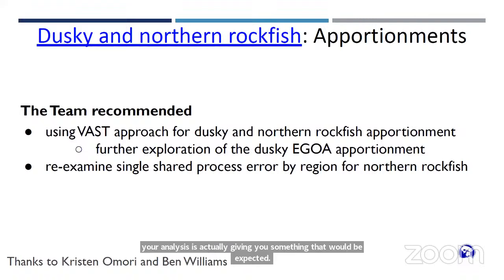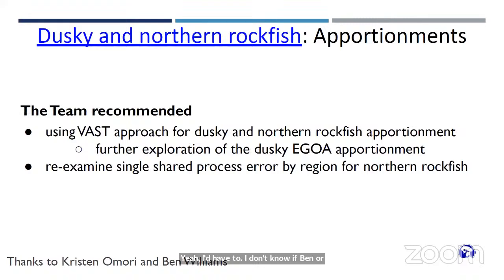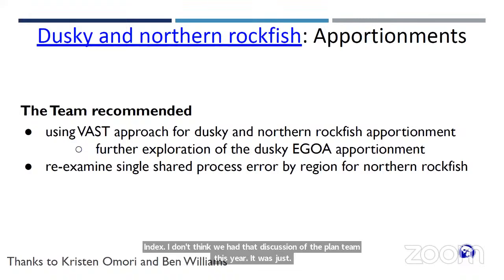I don't know if Ben or Kristen are on. I would have to defer to them. I know this was a pretty lengthy discussion last year or 2 years ago when we adopted it for use as the survey index. I don't think we had that discussion as a plan team this year. It was just trying to be consistent using VAST for apportionment as well as the index.